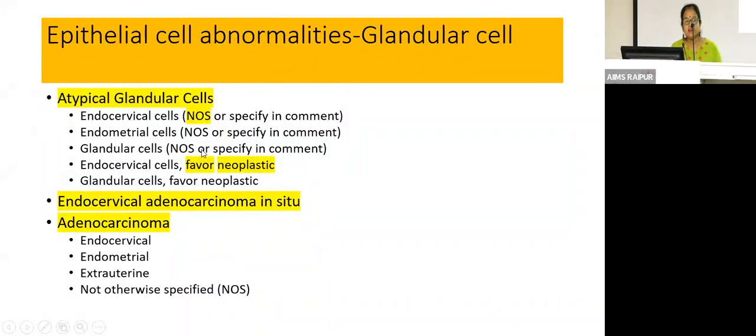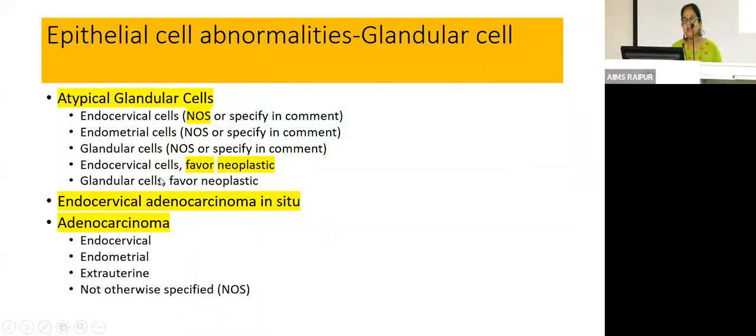The NOS category: atypical glandular cell, endocervical NOS, atypical glandular cell, endometrial NOS, or atypical glandular cell NOS, when you cannot site specify it as being cervical or endometrial. In the favor neoplastic category, you can have atypical glandular cell, endocervical, or just atypical glandular cell, favor neoplastic.